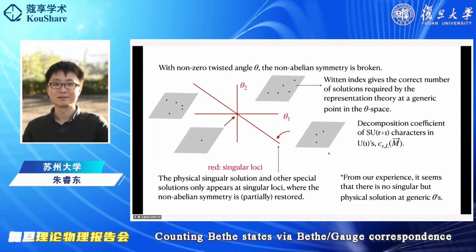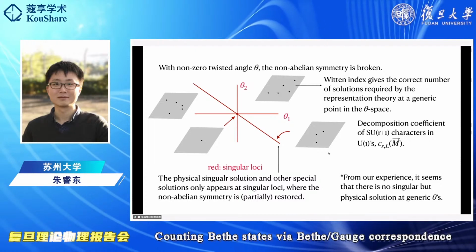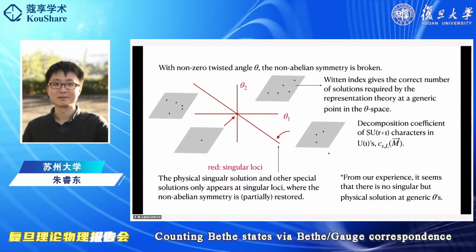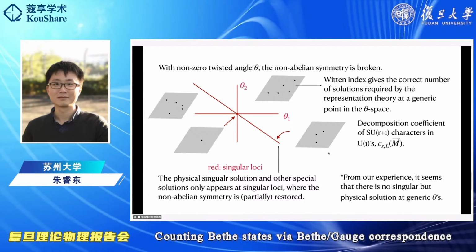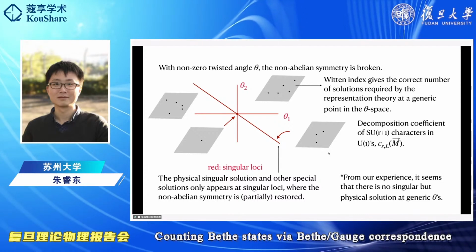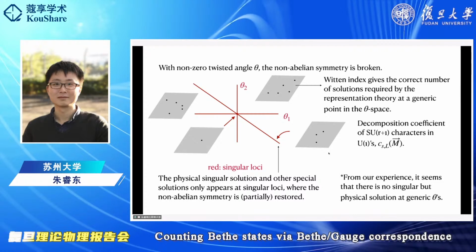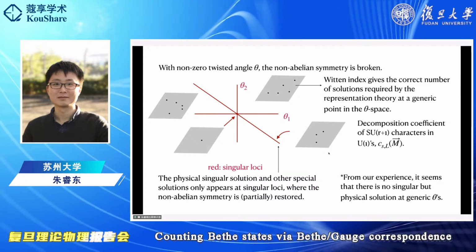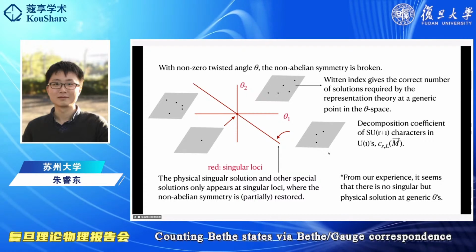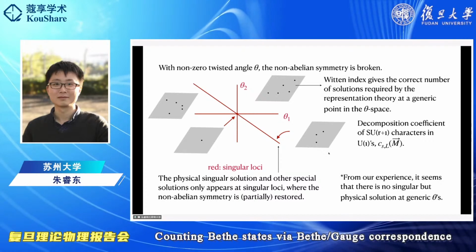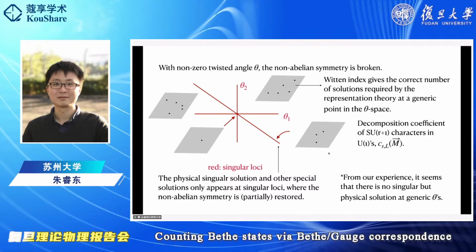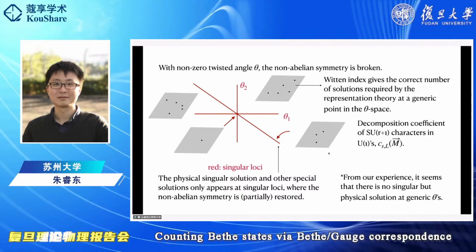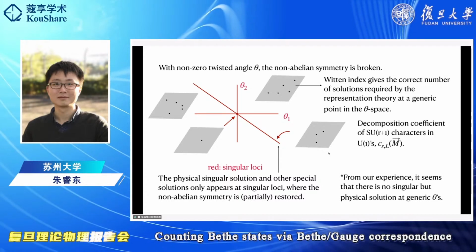So this tells us that we are again reproducing the desired dimension of the Hilbert space in our case. But one thing to be noticed is that we could only do the computation at non-zero twisted angle theta.